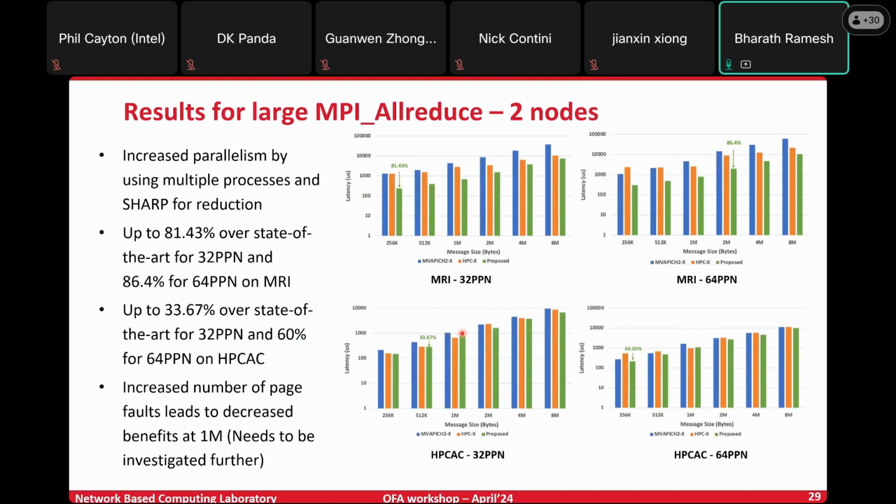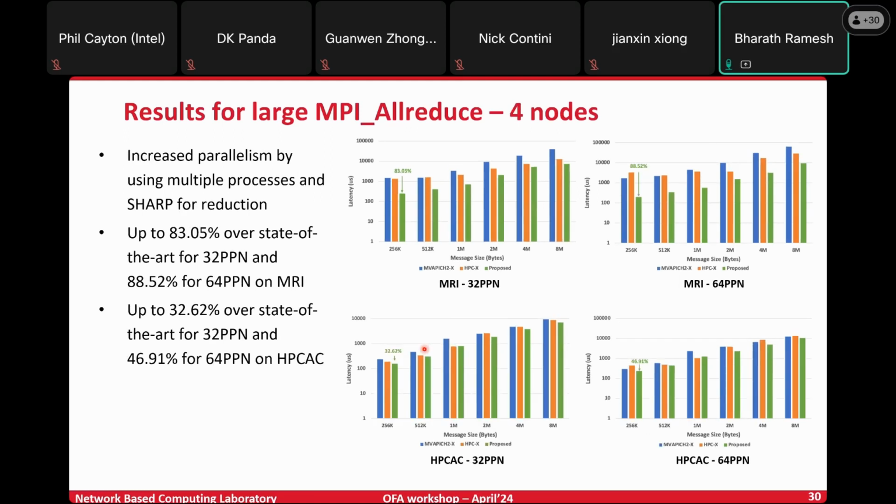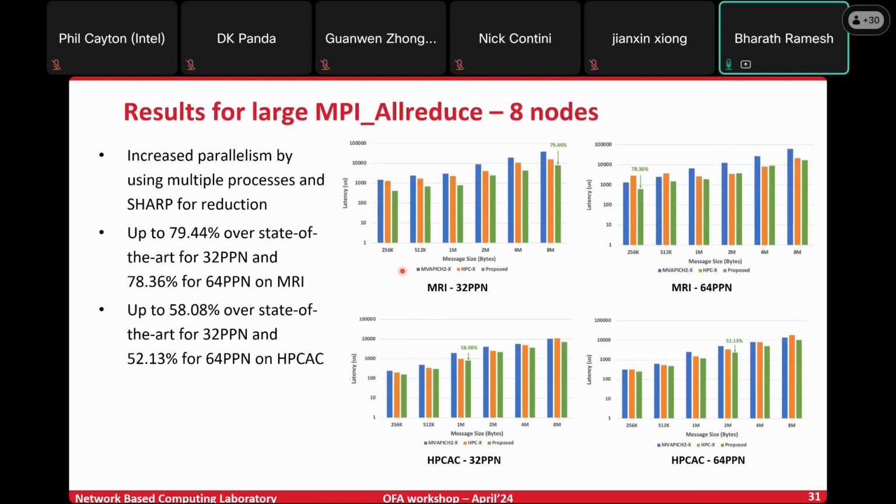That's something we need to investigate further. The main reason for the benefits is that you're using SHARP for reductions, which leads to very low latency, and also increased parallelism within the node by having every single process participate in the reductions. You'll see similar trends for 4 and 8 nodes, where you see 30 to 80% improvements on both systems.